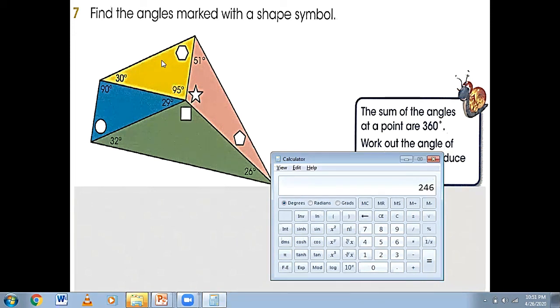So what is this missing angle? Subtract from 360, because the sum of a circle is 360. So your star is 114. So if here is 114, then 114 plus 51, these two angles we add, then 180 minus that. So this angle must be 15.